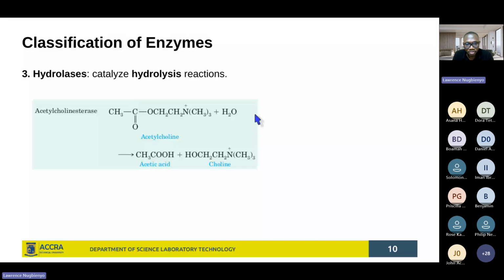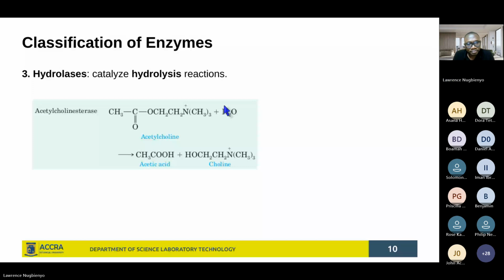And then the hydroxyl now comes to bind at the end here to now give you the choline molecule. So you have acetic acid and choline. This reaction is a hydrolytic reaction. It's hydrolysis, the breakdown of acetylcholine in the presence of water. And the enzyme which is doing that is acetylcholine esterase.